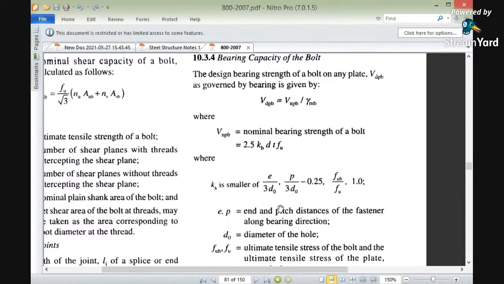So out of these four values, the minimum will be the value which has been kept in this formula as k_b.